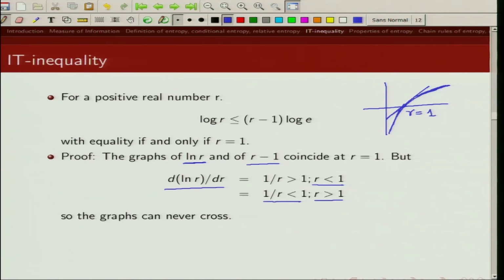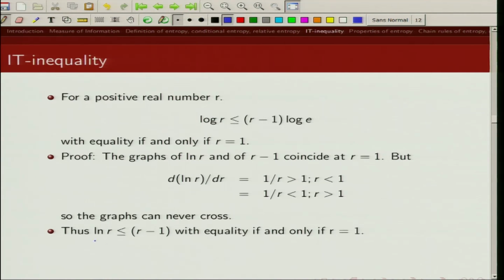So clearly these two graphs will not intersect each other again, and natural log of r is below r minus 1. This condition holds with equality only if r is equal to 1.